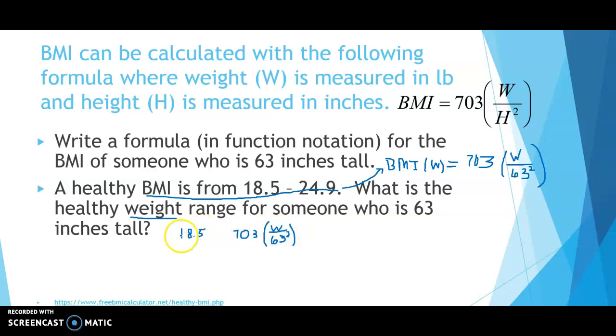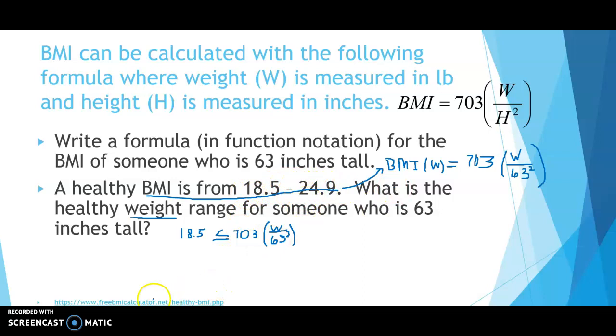This is the very lowest end. So this number is the lowest possible. So their weight over here has to be greater than or equal to this. And so what we have here is not an equal to, because we don't want to know just the weight where they're equaling this, but we want to know any weight where their BMI will be in this entire range.